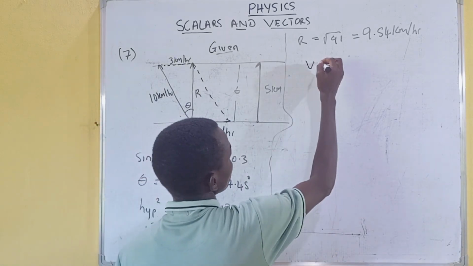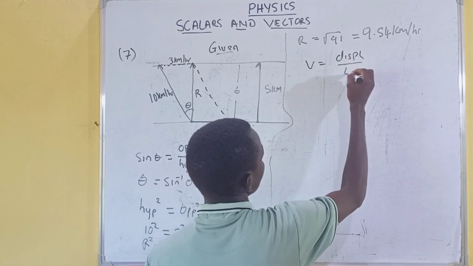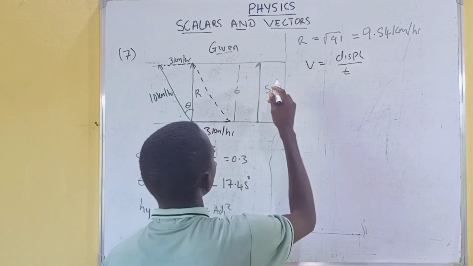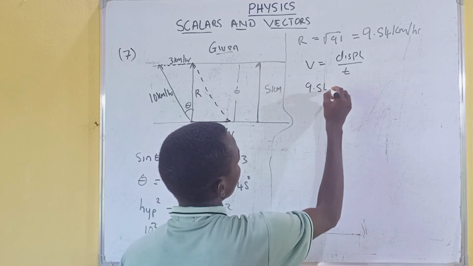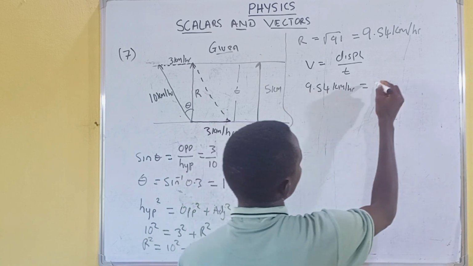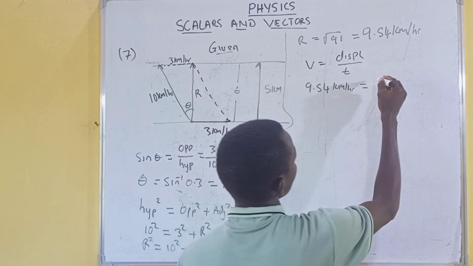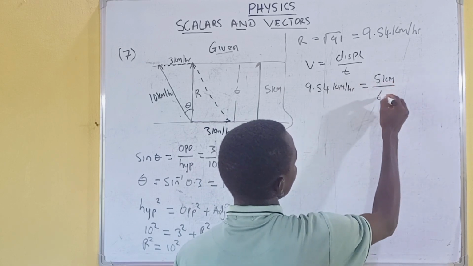We know that velocity is equal to displacement over time. This will now be the horizontal velocity, which is 9.54 kilometer per hour, equal to the displacement, which is 5 kilometer, over the time.